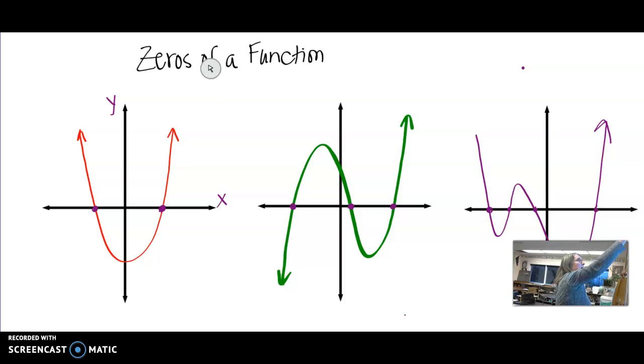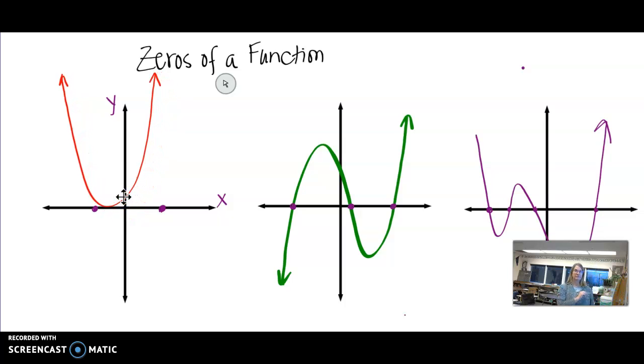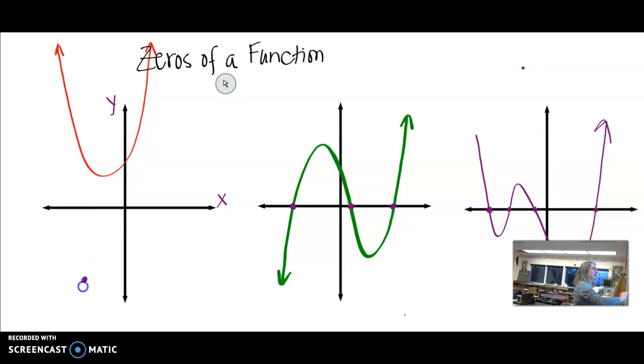Now, I can move the graphs around here. Let's say that you have a parabola that actually just hits the x-axis in one point. Well, what that means is we just have 1 zero. So you can have a parabola that has just 1 zero. You can have a parabola that has 2 zeros, like our last example. Or you can have a parabola that is not even ever intersecting the x-axis.